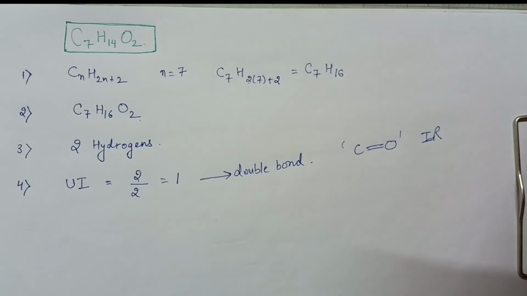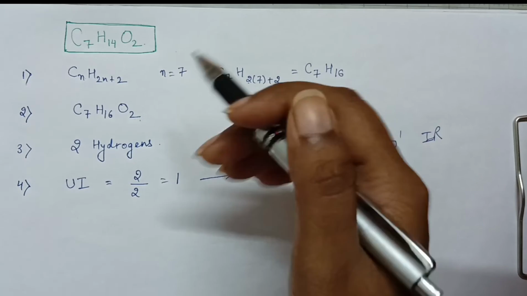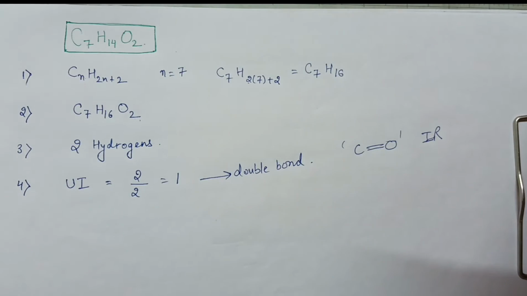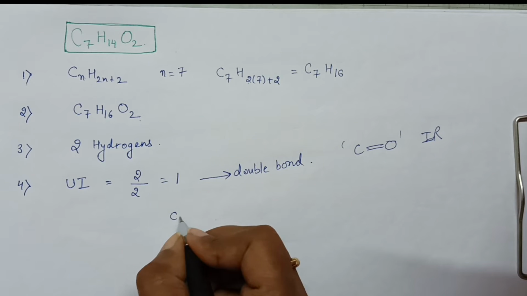At that point, the number of possible isomers for this unknown compound can be narrowed down as well. That is the main part of IR. But for now we can determine the unsaturation index, and after going for IR spectroscopy as well, we can predict the molecular structure like this.